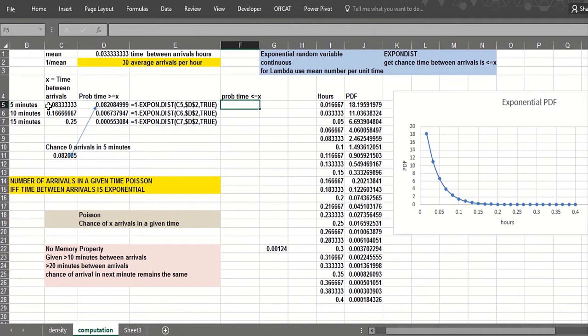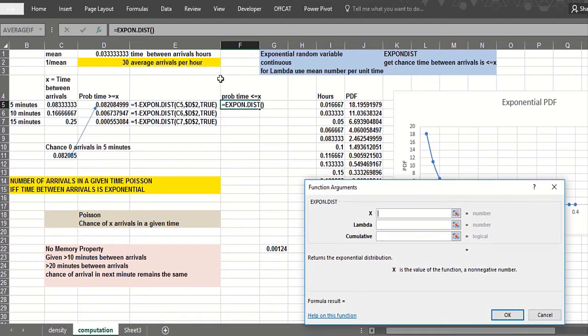So you've got to convert the minutes to hours, because this is in hours. Okay, so 5 minutes is 1/12 of an hour, 10 minutes is 1/6 of an hour, 15 minutes is 1/4 of an hour. So the chance to be less than or equal to 5 minutes between arrivals, there we go. So let's fill this in here. All right, so let's see what we got. So the X is going to be this many hours. The lambda we said was 30.